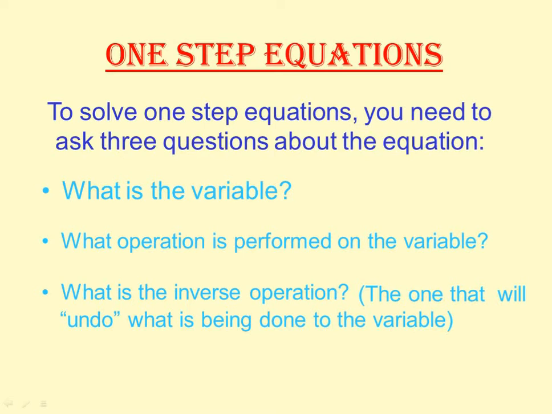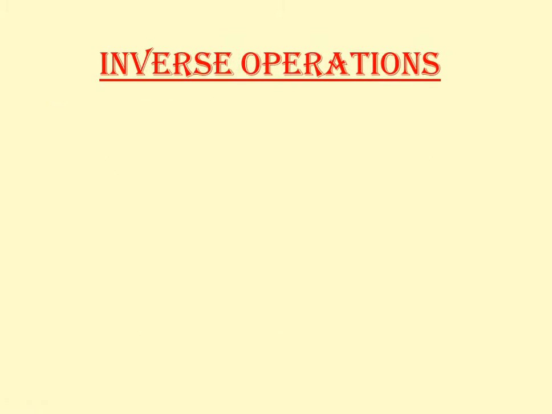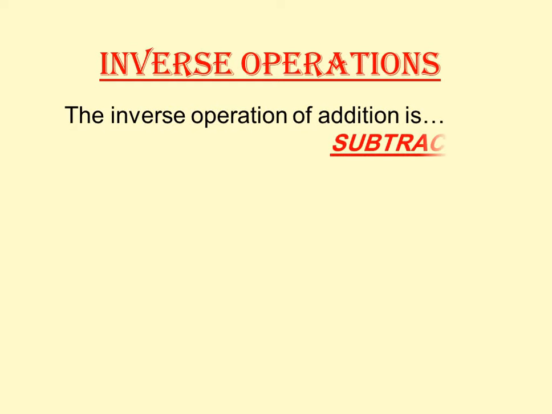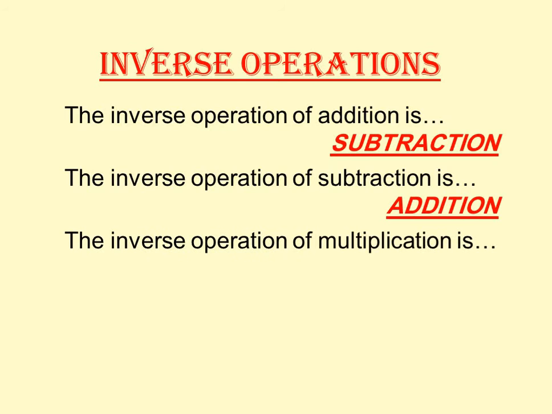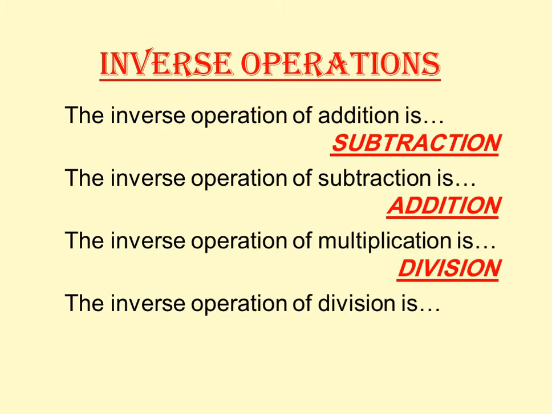So the inverse operation of addition is subtraction. The inverse operation of subtraction is addition, the inverse operation of multiplication is division, and the inverse operation of division is multiplication.